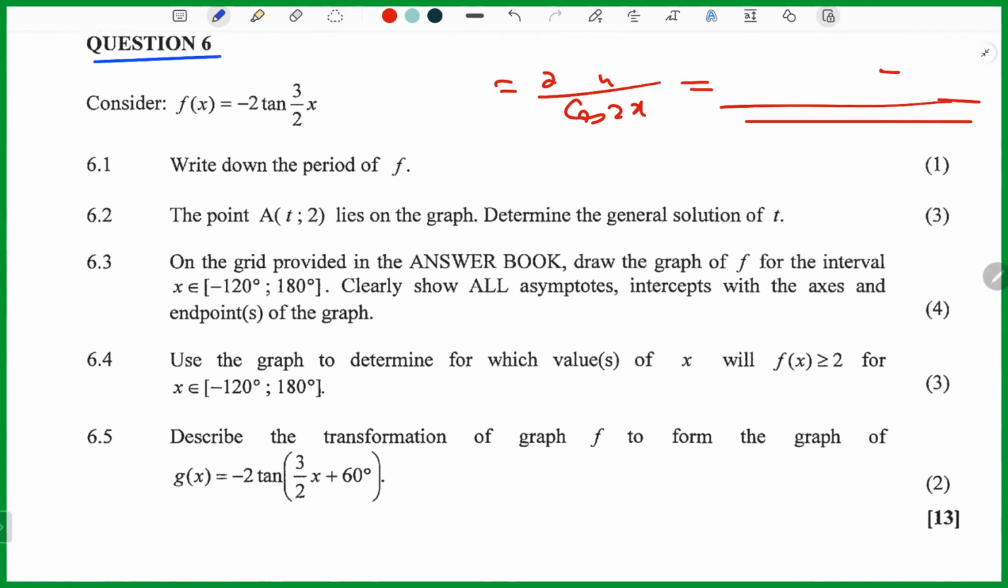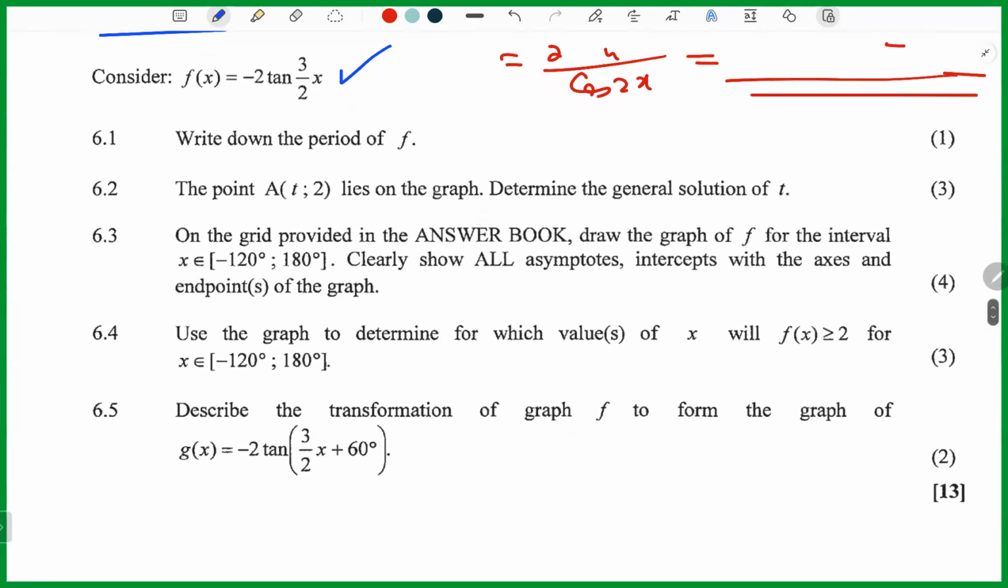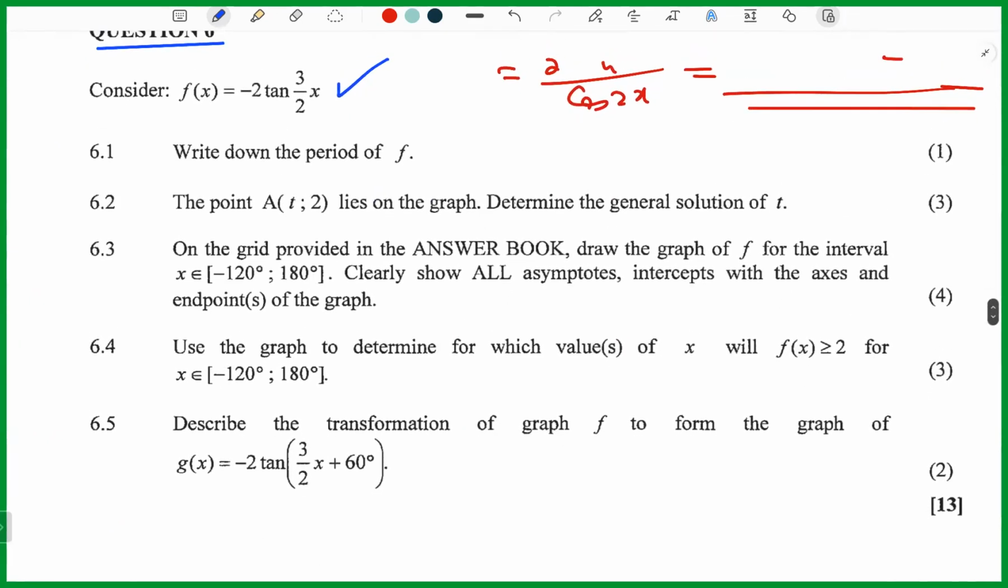Right, consider, for instance, the function f of x equals minus 2 tangent of 3 over 2x. Write down the period of f.